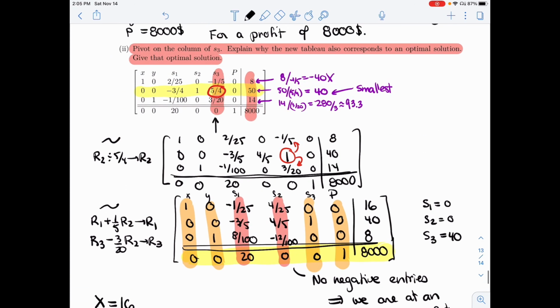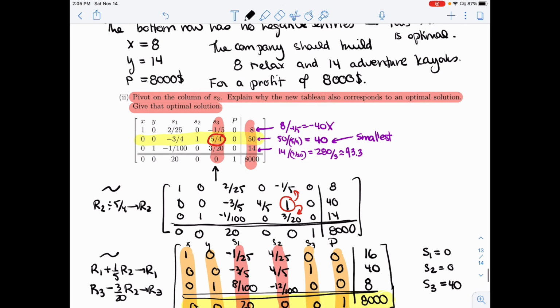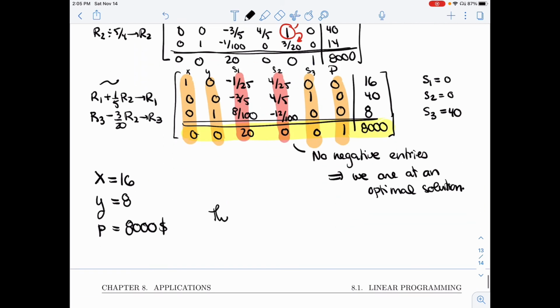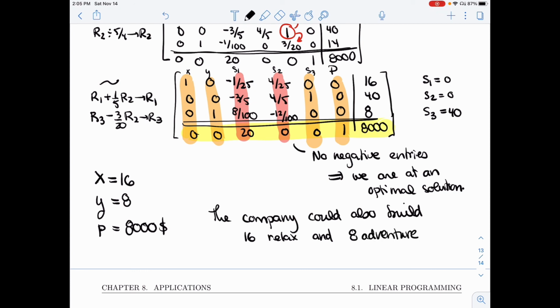All right, so here the company could also build 16 relax and 8 adventure kayaks for the same $8,000 profit.